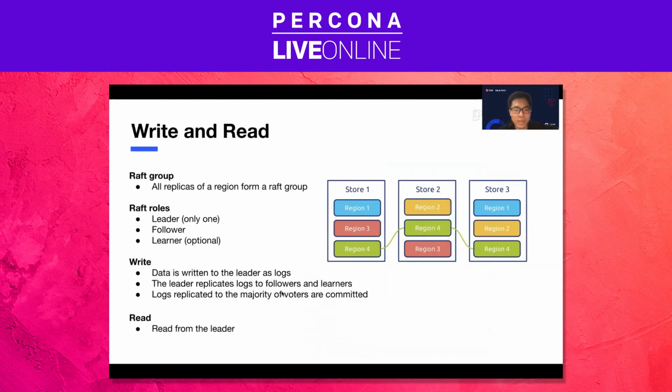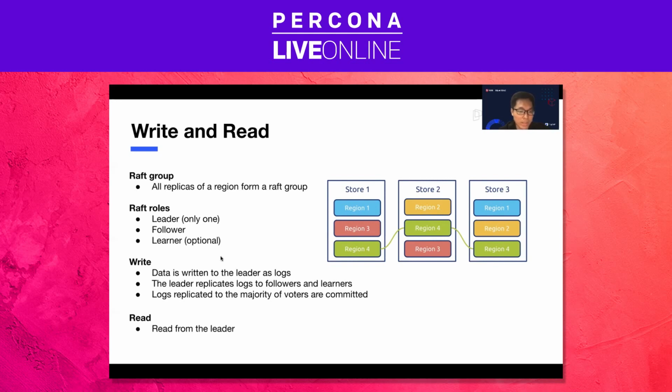So how do read and write work in TiDB? Each region is managed by a raft group. A region has multiple replicas which are stored on different TiKV instances. All replicas of a region form a raft group. The raft group uses the multi-raft consensus algorithm. It contains three roles: leader, follower, and learner.